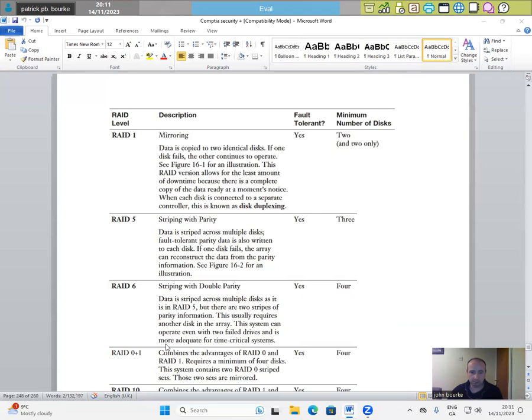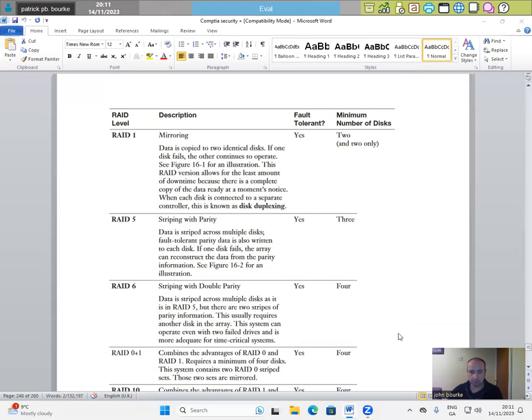RAID 0 plus 1 combines the advantages of RAID 0 and RAID 1, and requires a minimum of 4 disks. This system contains two RAID 0 striped sets. Those two sets are mirrored. Fault tolerant: yes.